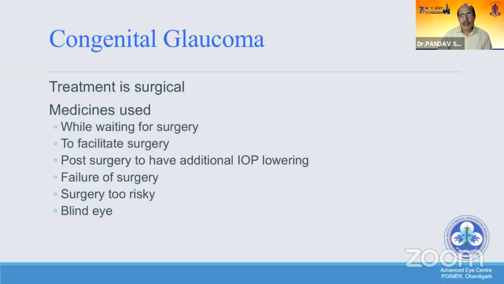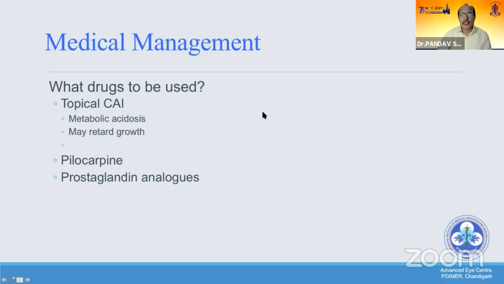If the surgery has already failed, you have no option but again to go back to medicines. And sometimes the surgery is too risky or the eye is already blind and you don't really want to do any surgery. So there are still a number of situations where you would like to use medicines, but having said that, management is mostly surgical for congenital glaucoma.